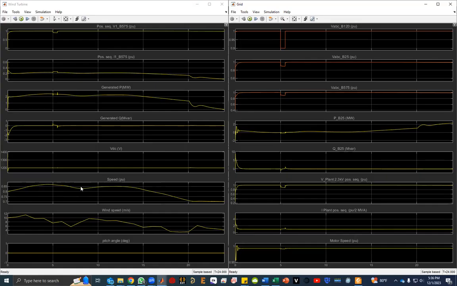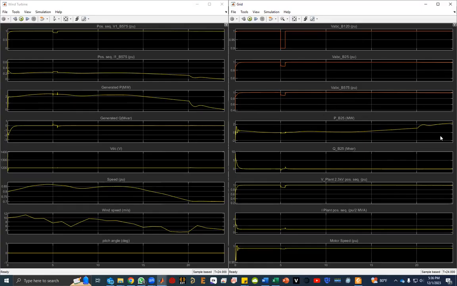So even if the wind speed is not there, in some cases it will still run. And on the grid side, we have voltage VABC on bus bar 120 and VABC for bus bar 25, and this is VABC for bus bar 575.